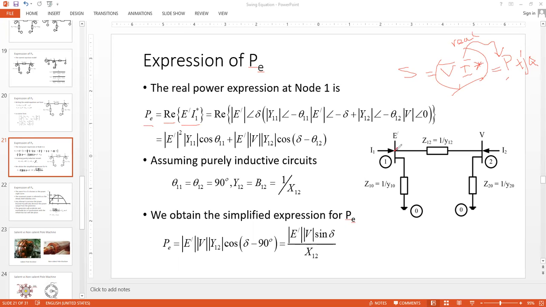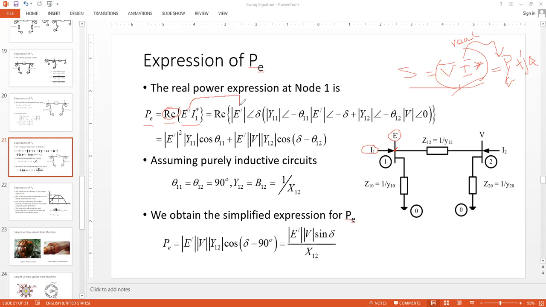That means at this node, this is my phasor E dash, and this is my current injected into the node. The conjugate comes because of the formula, and I'm taking the real part because I'm looking for the P value, not the Q value. Then we write down the actual expression of E dash.